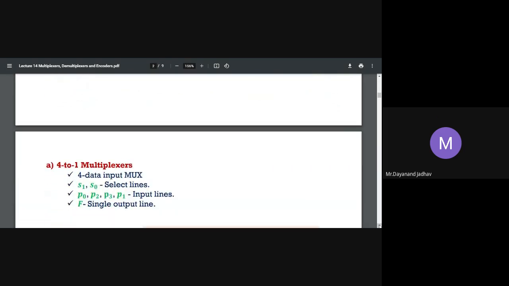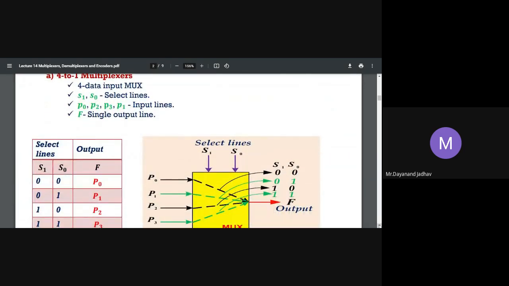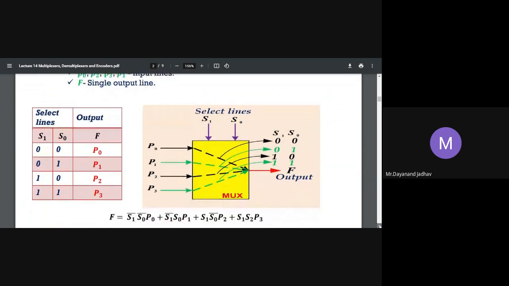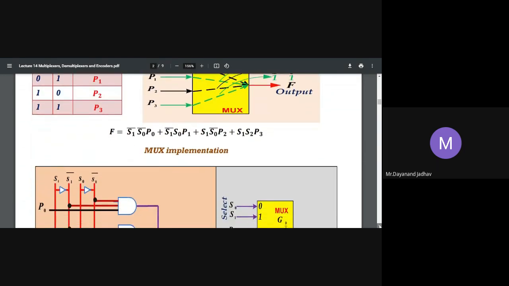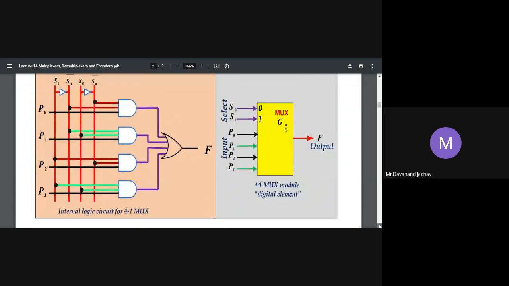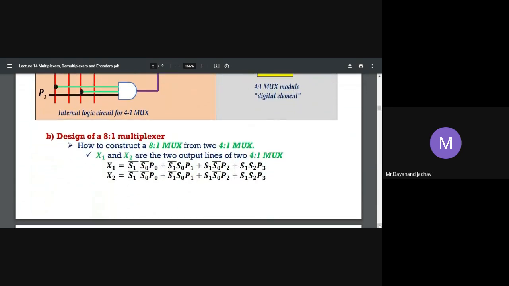in this way we can consider the design for the 4 to 1 mux. Here from the main inputs only one is selected in the output. Just like that, we can also consider an 8 to 1 mux design. Here, consider again the truth table.